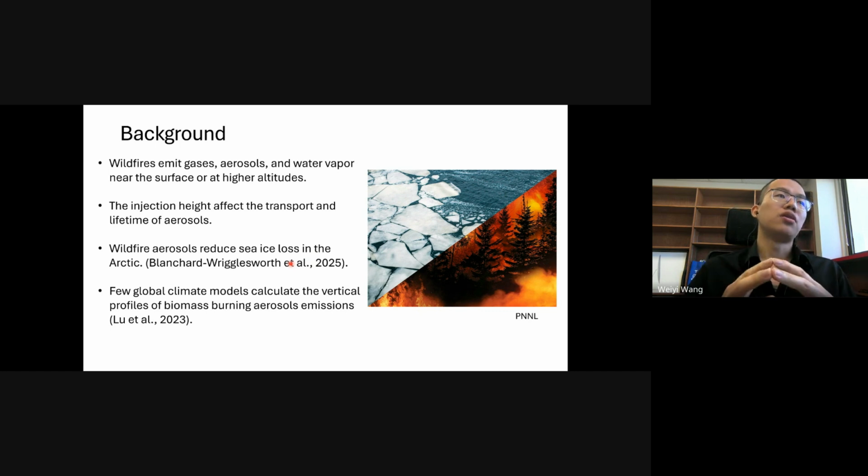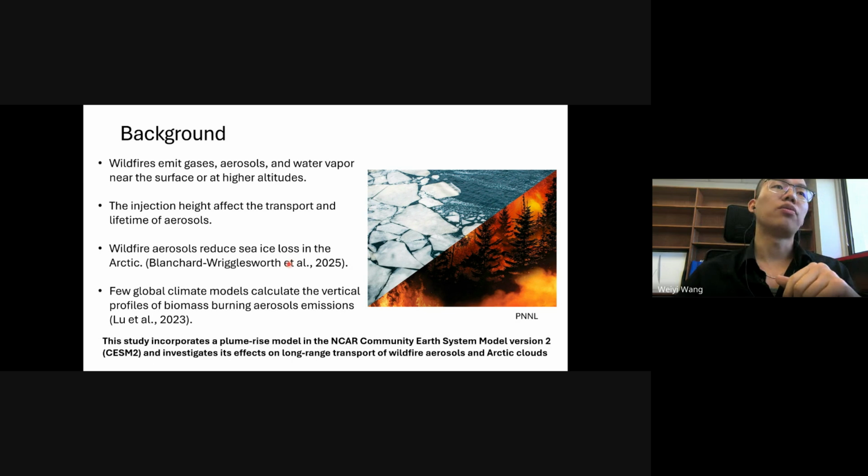So despite the importance of the injection heights, currently few global climate models calculate the vertical profiles of biomass burning aerosol emissions. So in this study, we will incorporate a plume rise model into the NCAR Community Earth System Model 2 and investigate its effects on long-range transport of wildfire aerosols and the Arctic clouds.